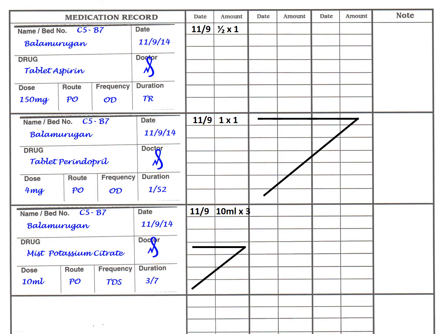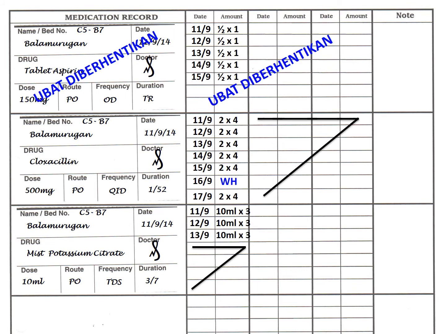So what you have to do here is write 10 ml times 3, and after 3 days, because each row is representing a day here. So row 1 is what you have written here on 11th of September. So you just calculate after 3 days, you cancel the prescription. You cancel the remaining rows. It means no one can supply the medication after 3 days. Is it clear? The example that I gave you earlier is only for a prescription supplied for 1 day.